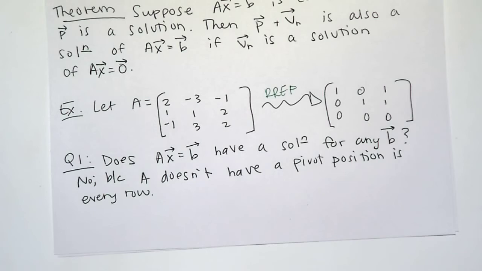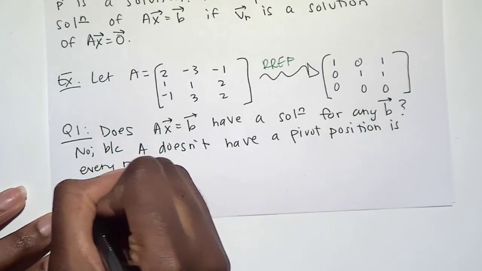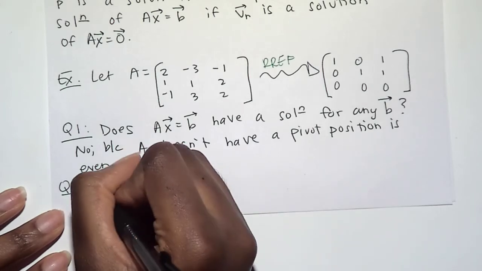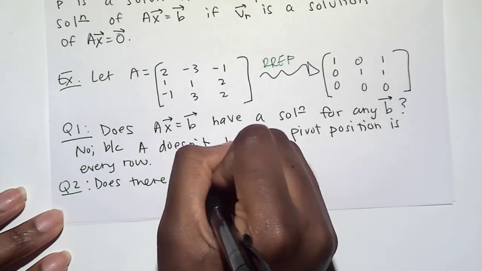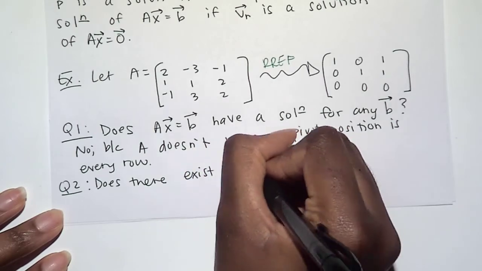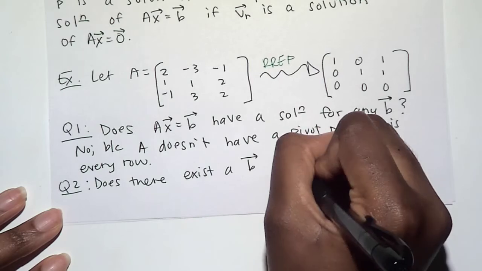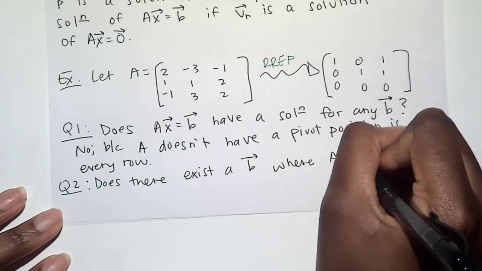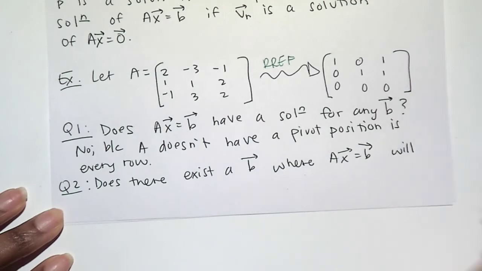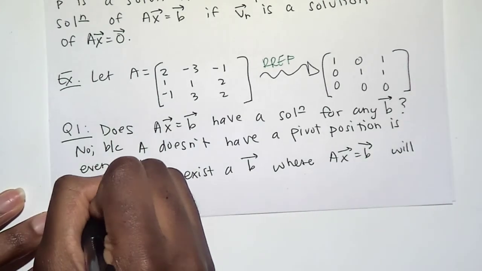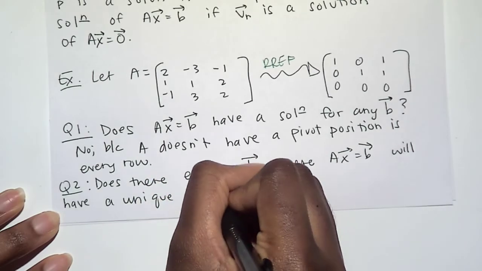All right, I'm going to try to squeeze in question 2 on the same page. Question 2. Does there exist a B where AX equals B will have a unique solution?